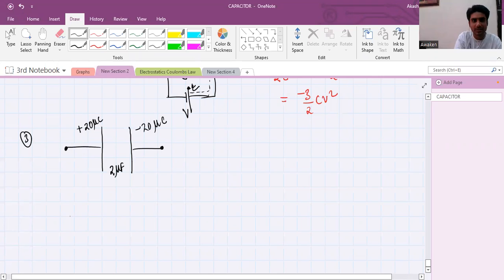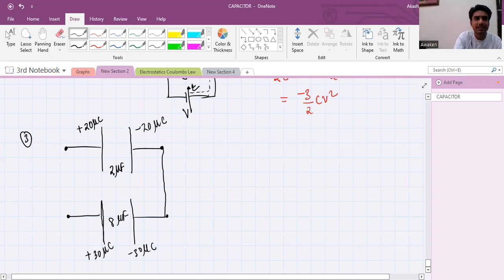There is another charged capacitor with plus 30 microcoulomb, minus 30 microcoulomb, and this is 8 microfarads.